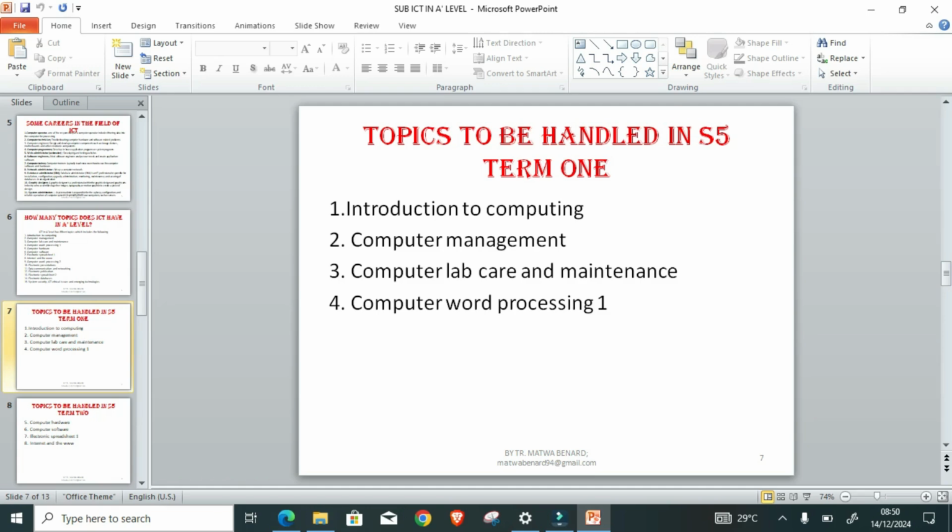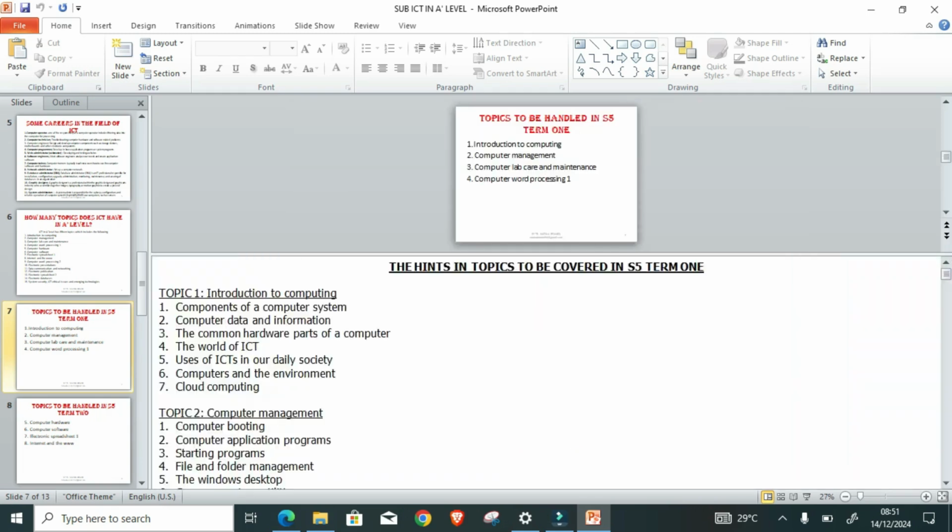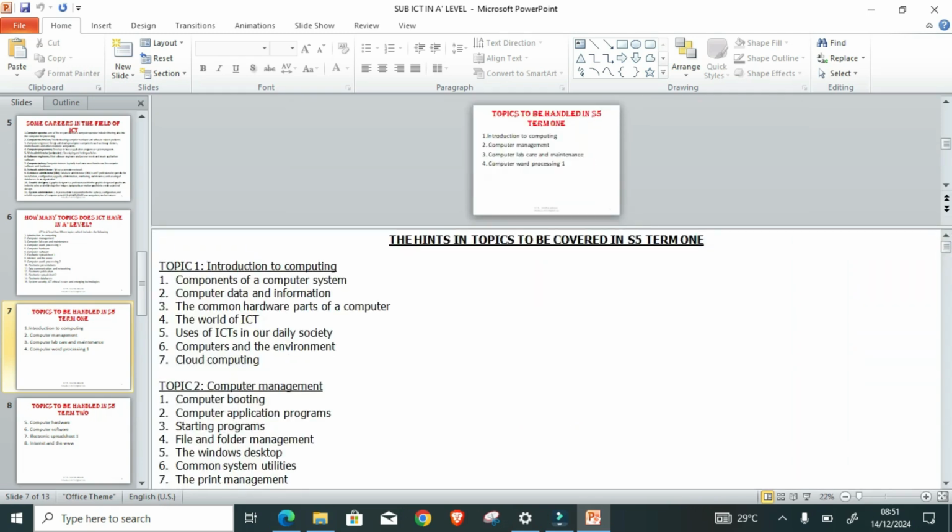I'm going to show senior 5 term 1 and senior 6 term 1, because I'm going to be making videos about that, and I would like us to move systematically basing on the terms. So in senior 5 term 1, you have the following 4 topics and the subtopics that you are meant to cover inside them.